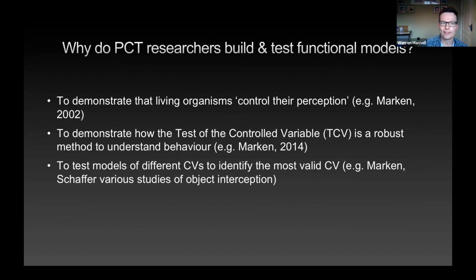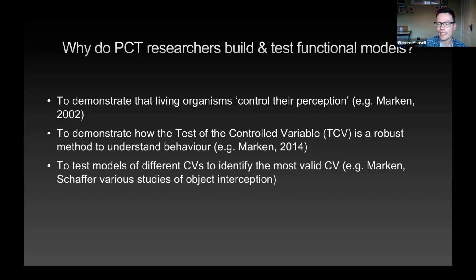So why do we build these models and test them? We do it in one instance to show simply that living things control their perception, to test and demonstrate that basic tenet of PCT. We do it to show that the test of the control variable is a robust method to understand behaviour, and obviously Rick has been involved in a lot of those studies, and a lot of studies also to test models of what control variables might be used for different tasks and to compare the functional models of different ones.